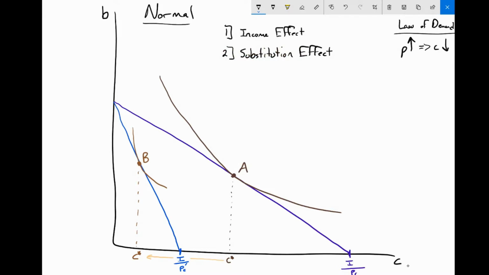So we have the income effect, which I've just discussed. What is the substitution effect? The substitution effect is the idea that when I'm making a decision between buying cups of coffee and buying bagels, I have the opportunity to substitute between coffee and bagels.